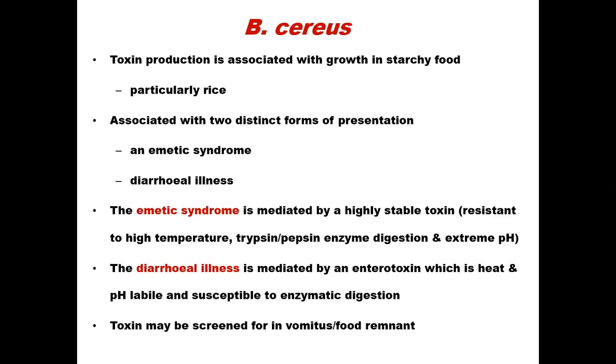While the diarrheal form is mediated by a toxin that is heat and pH labile and can be degraded by enzymes. The toxins, just like with Staph aureus, may be screened for in food remnants and vomitus.